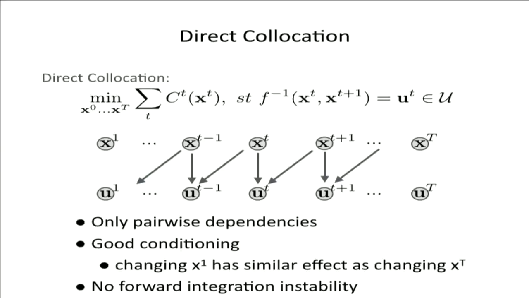Another kind of nice side benefit is that you don't have the instabilities that are associated with forward integration, because this is not a forward dynamics function anymore, but I'll get into that a little bit later. Right now, it's kind of a subtle point.